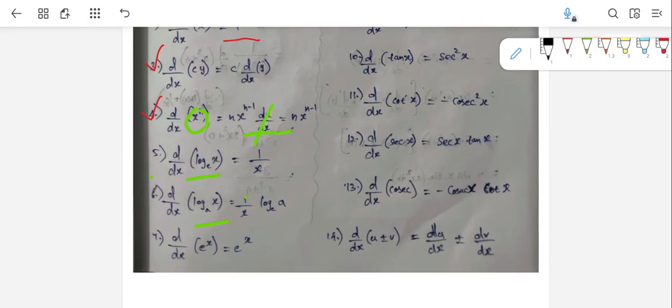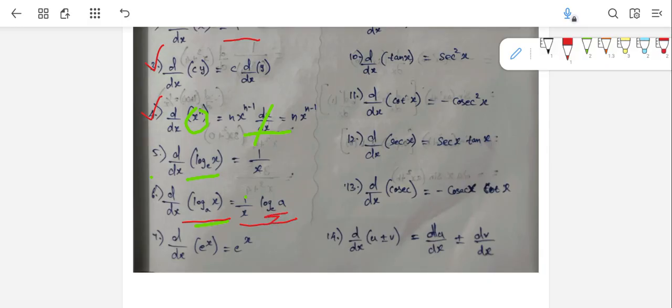So this fifth one, if you differentiate log x, it's just 1 by x. Means when it is base e, it is just 1 by x, guys. But when you have some other base, let's say a, just keeping it as a in general, then it will be 1 by x into log a to the base e.